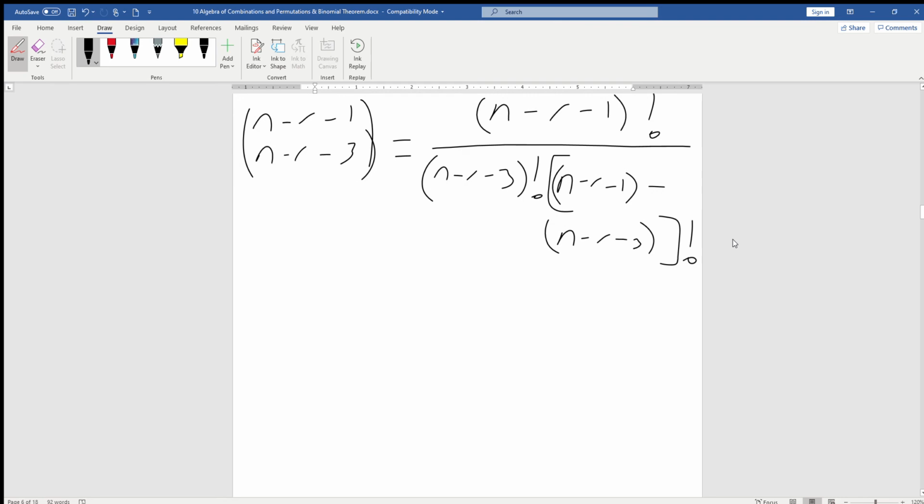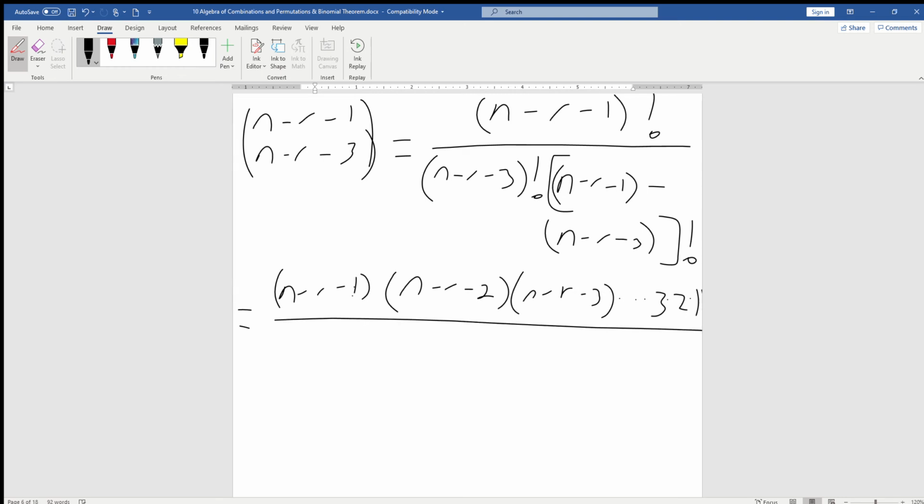Now we're going to simplify. N minus r minus 1 factorial is n minus r minus 1 times n minus r minus 2 times n minus r minus 3, all the way down to 3, 2, 1.